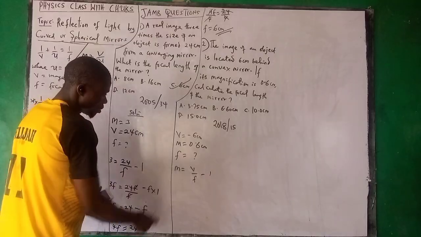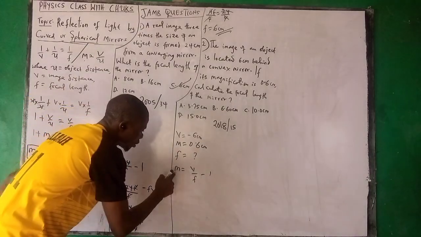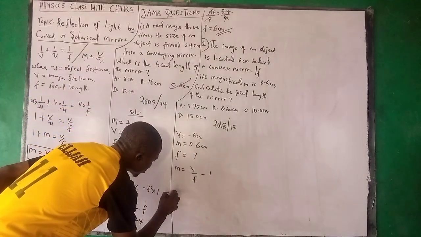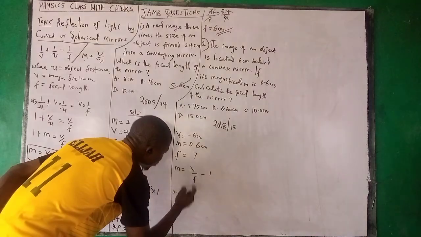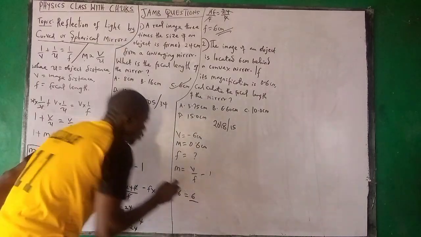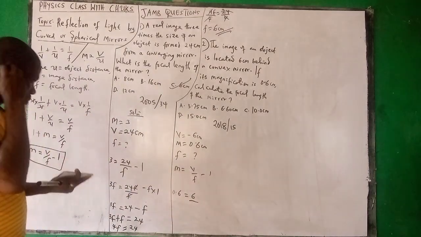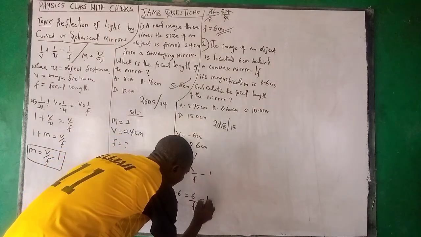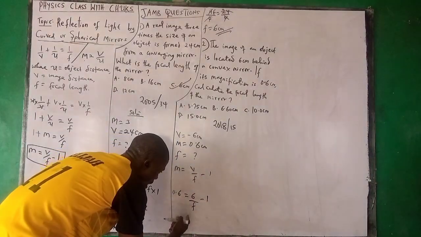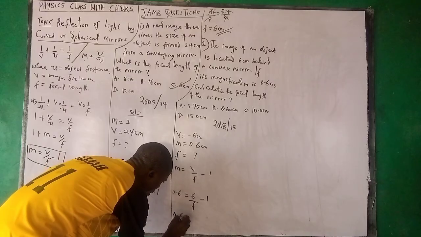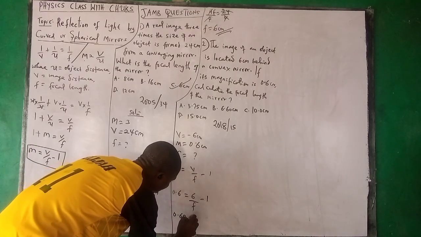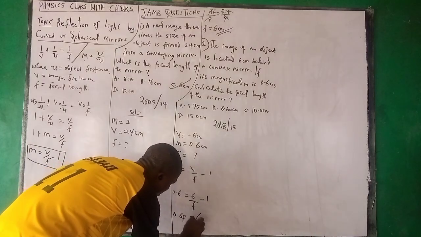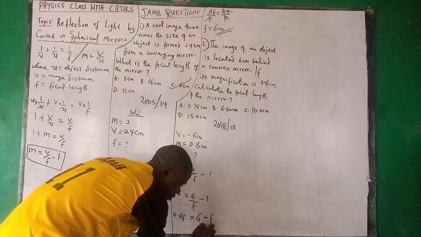So 0.6 equals 6 over F minus 1. Multiplying by F minus 1, you get 0.6 F equals 6 minus 1 F.